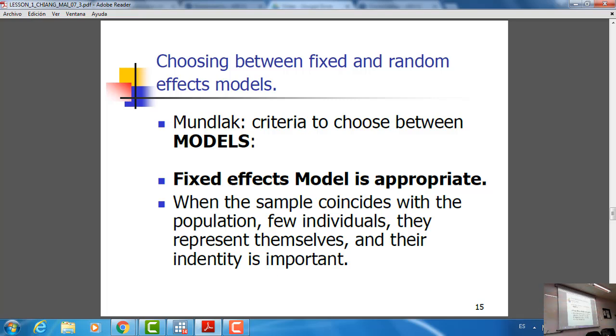If you follow the book by Xiao or other books, you will see that this is pretty much a theoretical question. To choose between different models, you have to decide which type of sample you have and what is the behavior of the sample in relationship to the population. So this is a theoretical question. You don't have a number to look at.